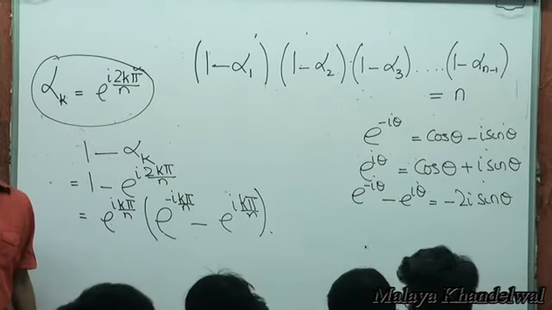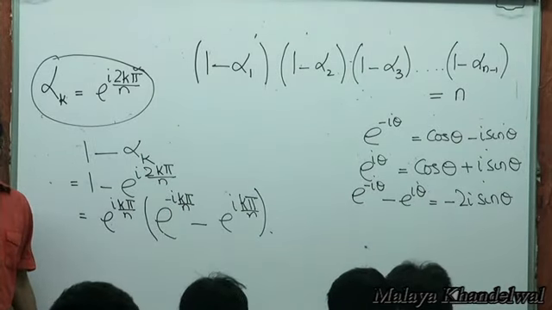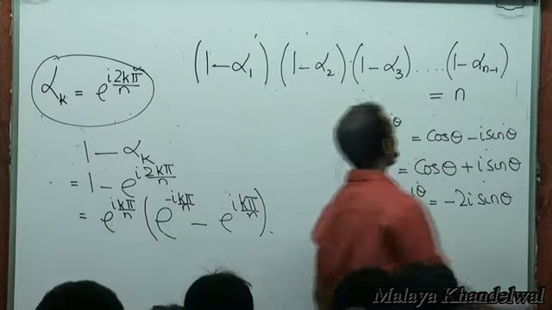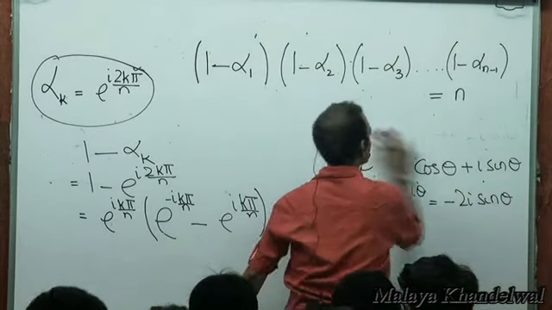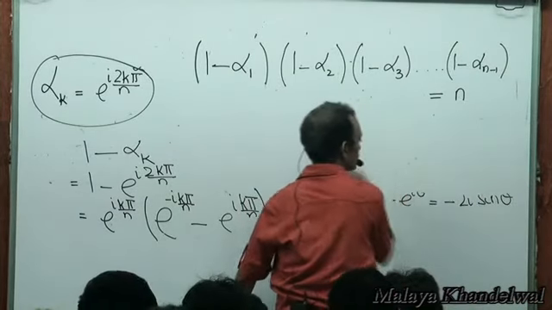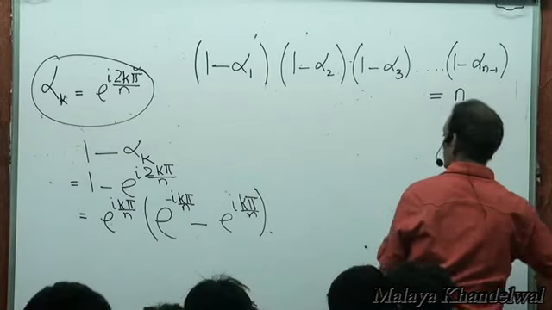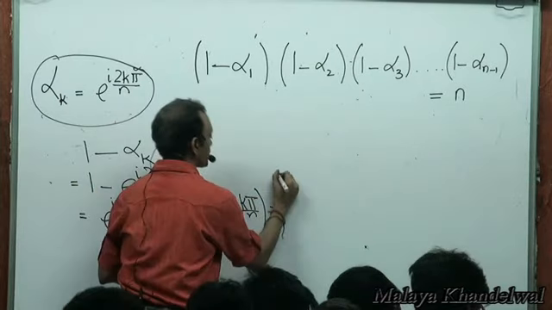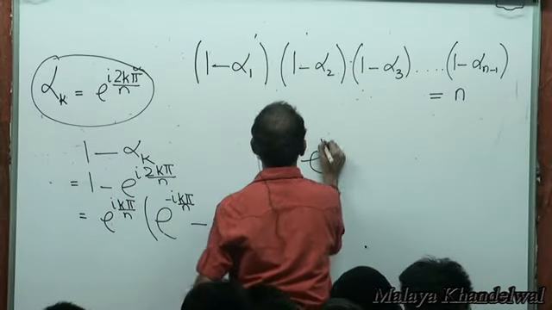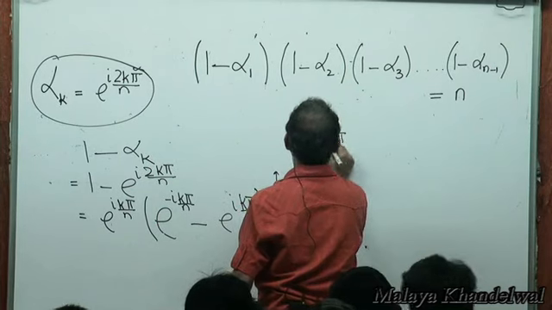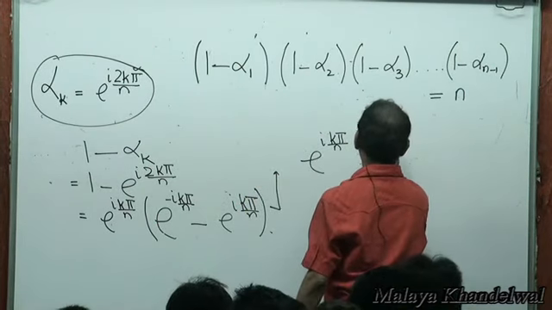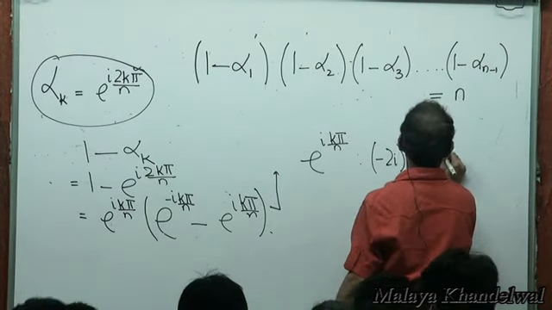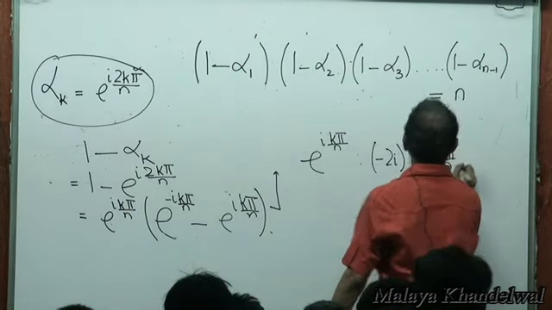Yes or no? Which means this expression reduces to e to the power i k pi by n times minus 2i sin k pi by n. Yes or no?